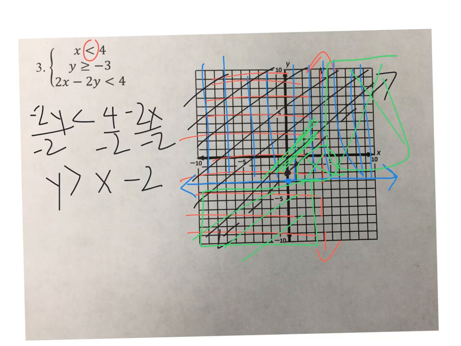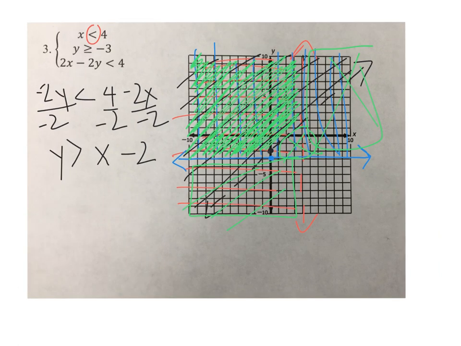We'll have to shade it all the way to the x less than 4, all the way down to the y is greater than or equal to negative 3, and above the y is greater than x minus 2. So that's my final solution. So any of those coordinate points that are in that section, they will be considered a solution.